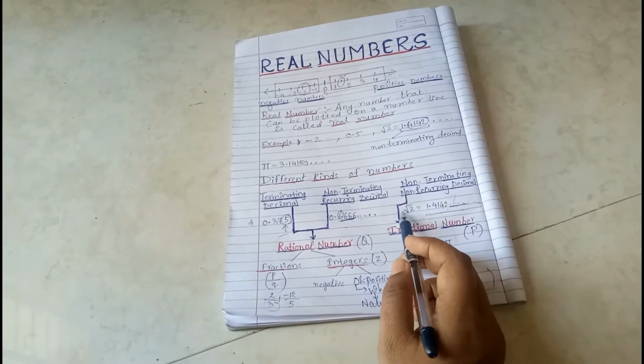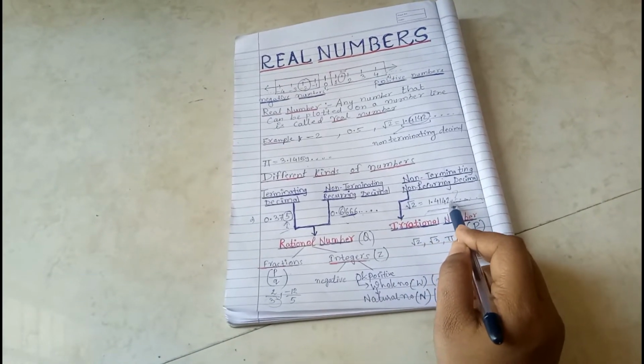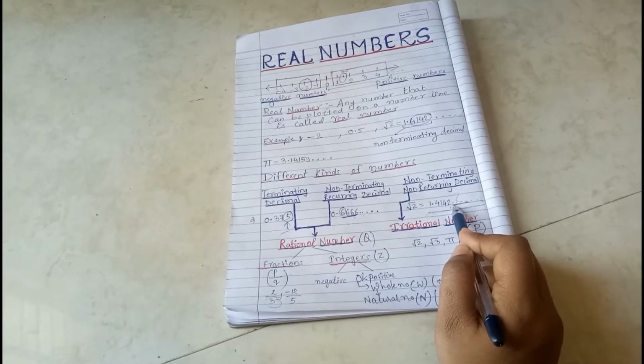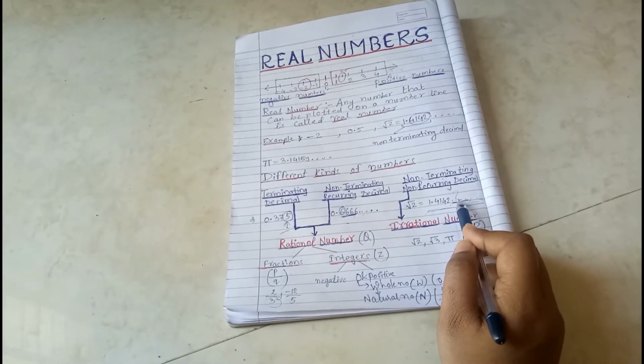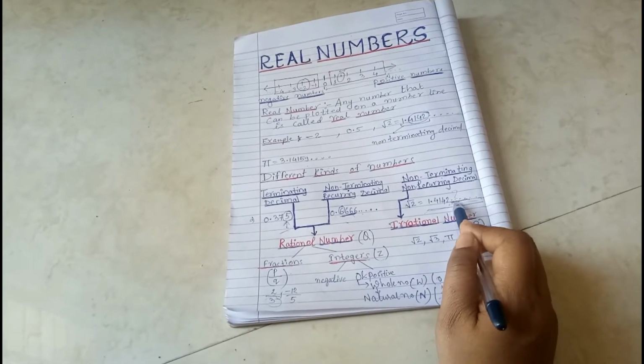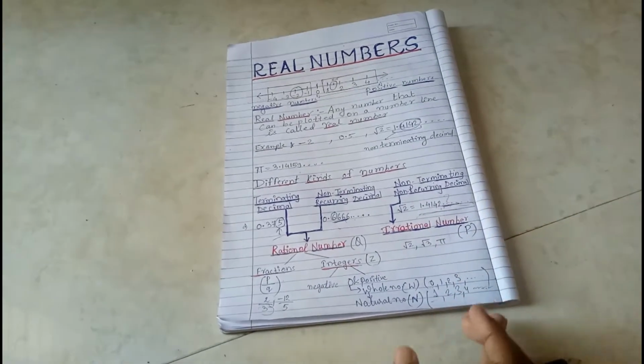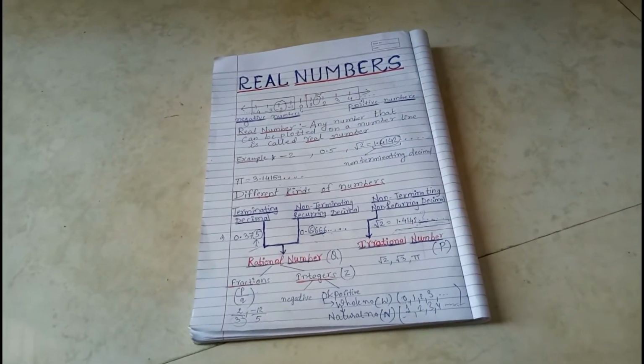Non-terminating non-recurring decimal: here see √2, its value is 1.4142. It is non-terminating because its value goes on, and it is non-recurring because its value is not the same again. So you can say √2 is a non-terminating non-recurring decimal.